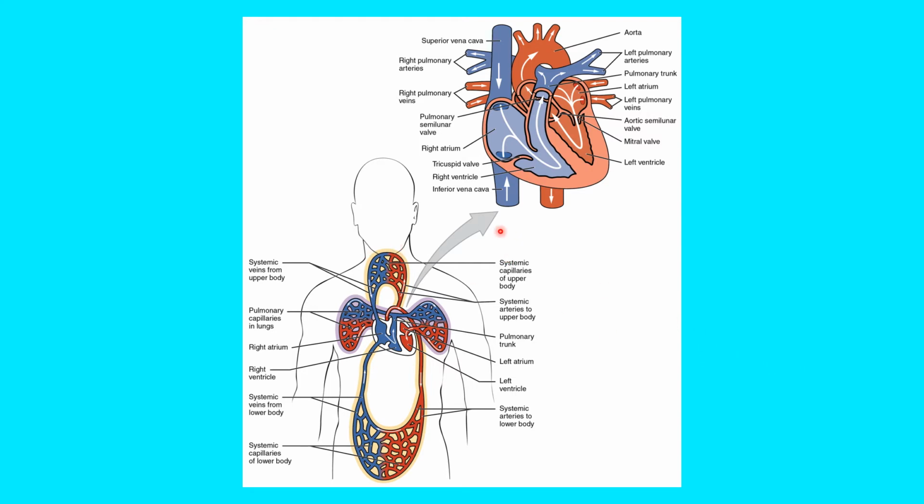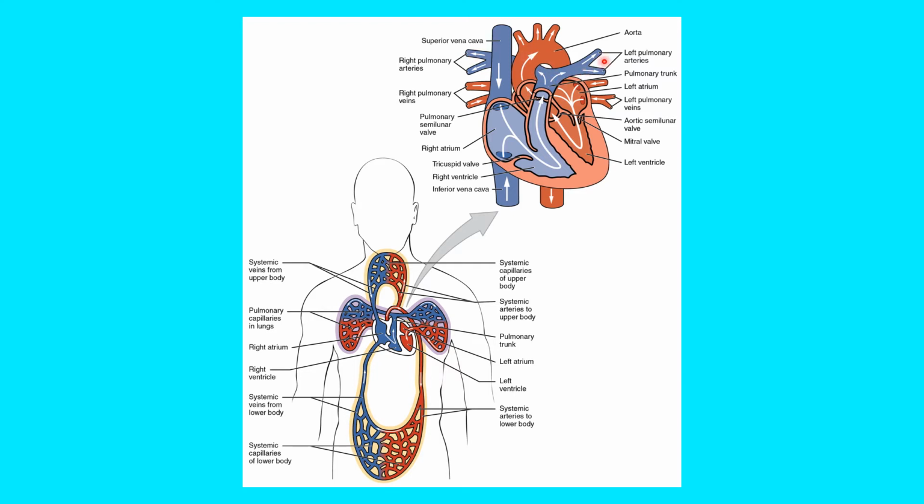And in this enlarged version of the heart, you can see here's the inferior vena cava, here's the superior vena cava. Both of those, as I said, are draining the blood from the systemic circulation into the right atrium, to the right ventricle. Out here is the pulmonary trunk. This is where it branches to the right pulmonary arteries.